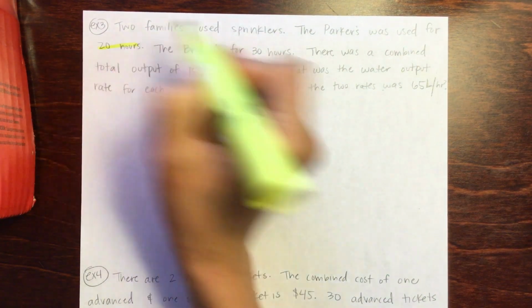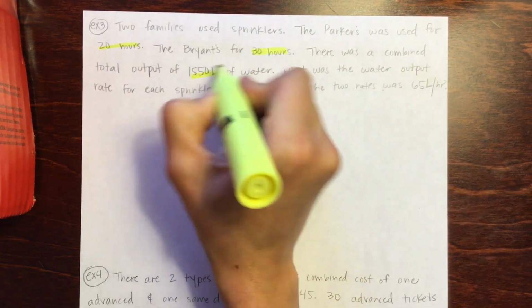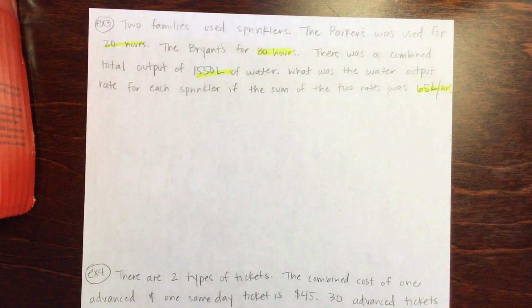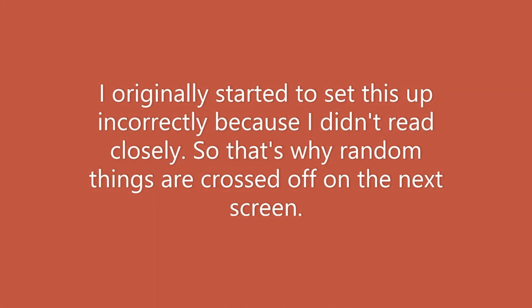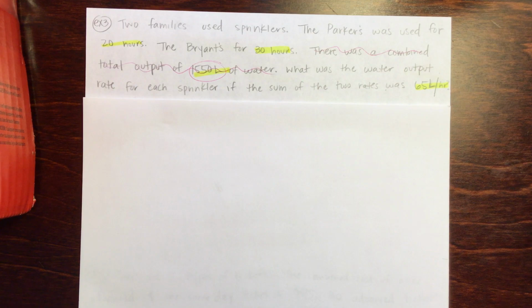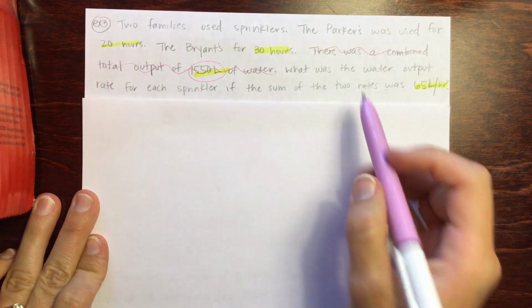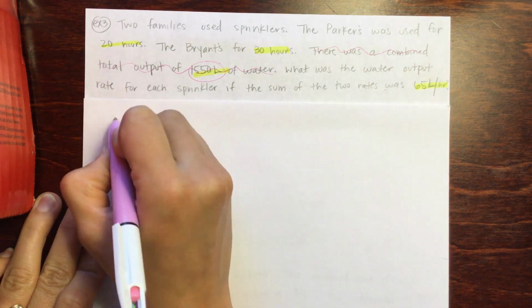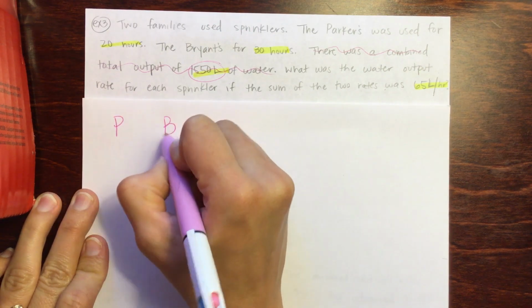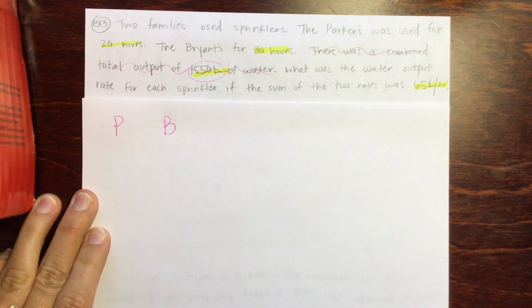All right, let's highlight all of our numbers. What are we looking for? Okay, let's come up with our equations. What was the water output rate for each sprinkler? So we want to know the rate of the Parkers and the rate of the Bryants.